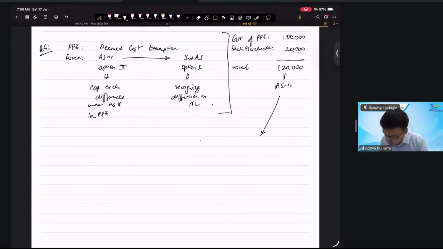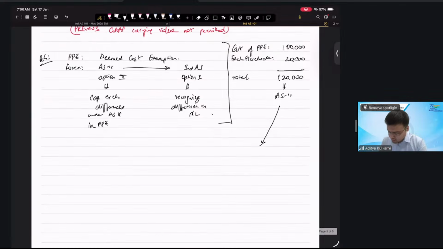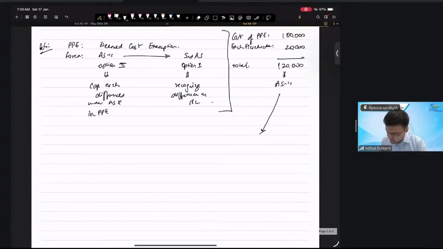Now, under Ind AS 101, the property, plant and equipment exemption, what will be the brought forward value into Ind AS? 1,20,000. Absolutely right. But now, for forex purposes, which option has he availed?